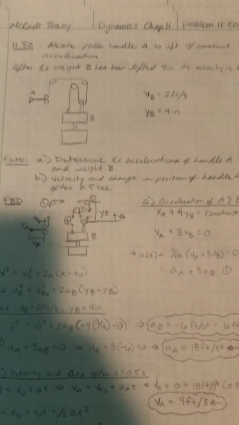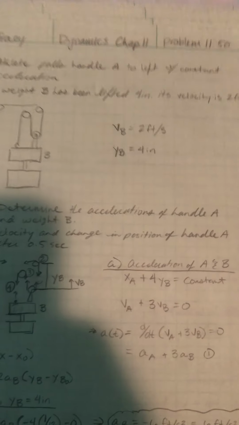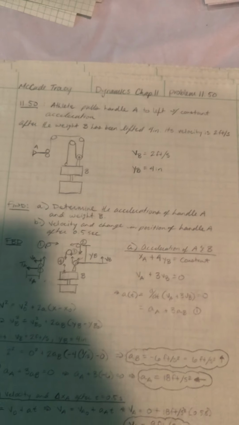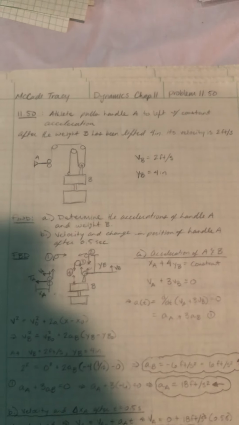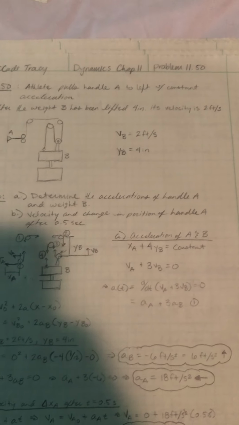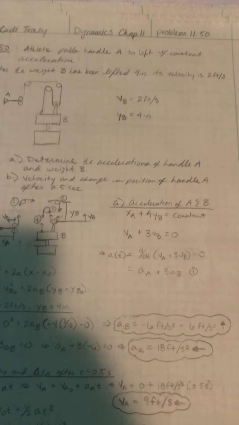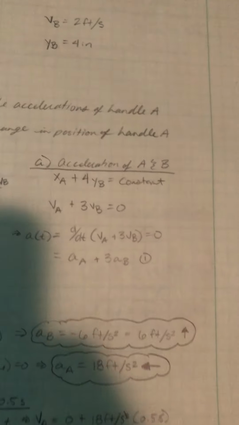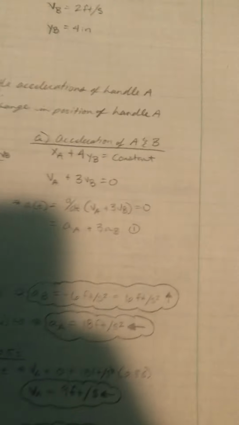Moving on, we have a pulley system, or a cable system. And we are asked to determine the accelerations of handle A and weight B, and the velocity and change in position of handle A after 0.5 seconds. Taking the free body diagram and using similar equations that we used in one of the examples from the videos, we're able to find our equations.